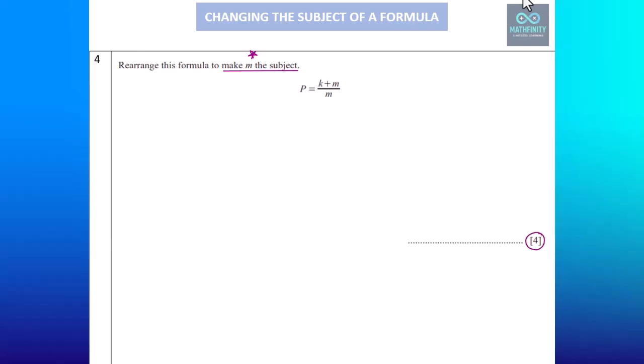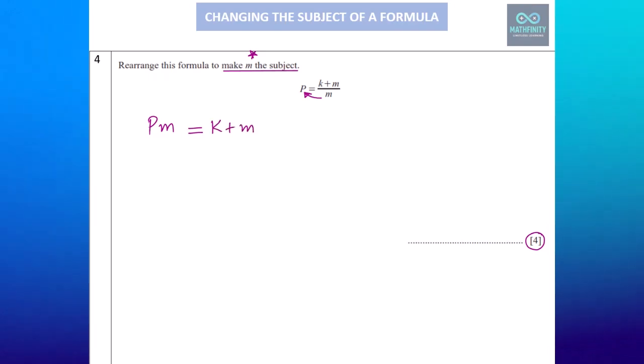So the first step is you will shift this m to the other side. As it is in division, when you shift it to the other side, you have to multiply. So we will write pm, or you can write mp, order doesn't matter. So what is left here? k plus m.